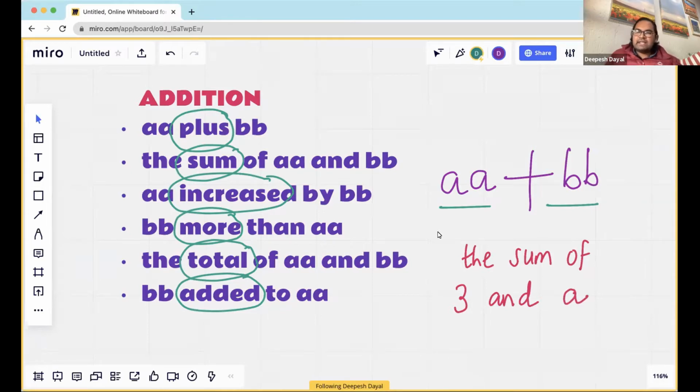Does anybody want to take a try? Oratile, what is the answer? 3A. Okay. Does anybody else agree with Oratile, or are they different answers?